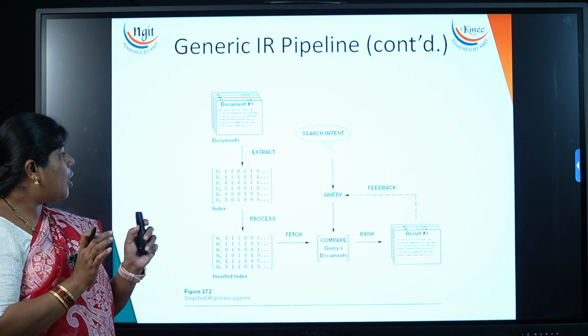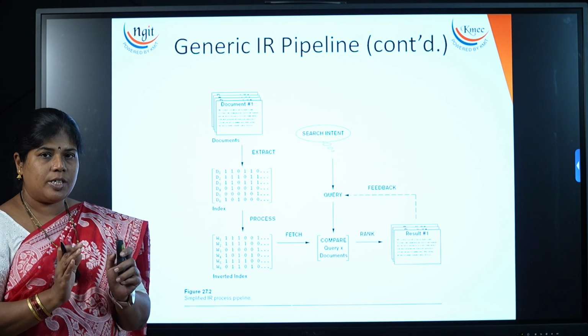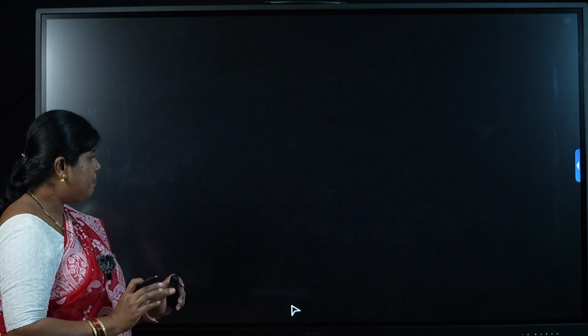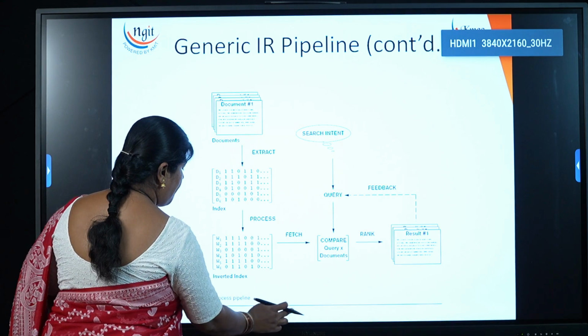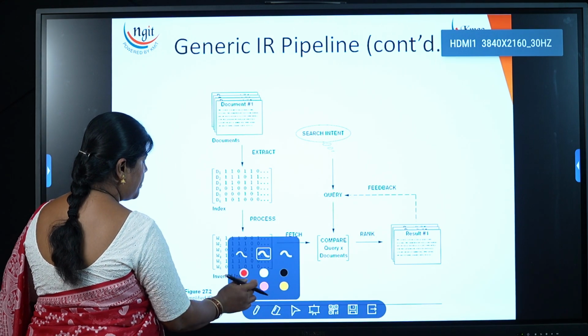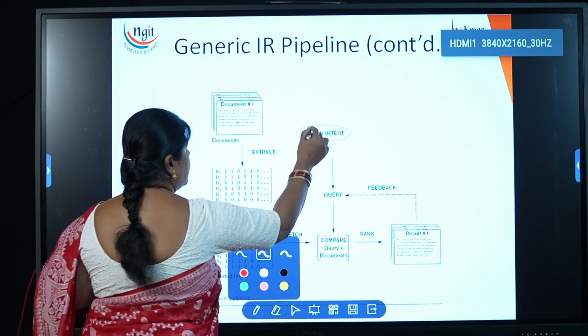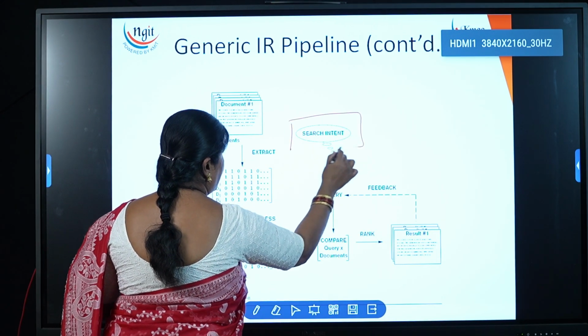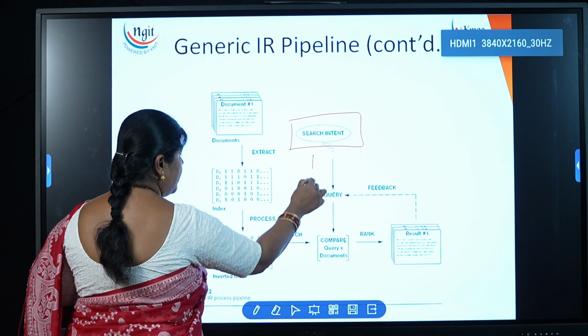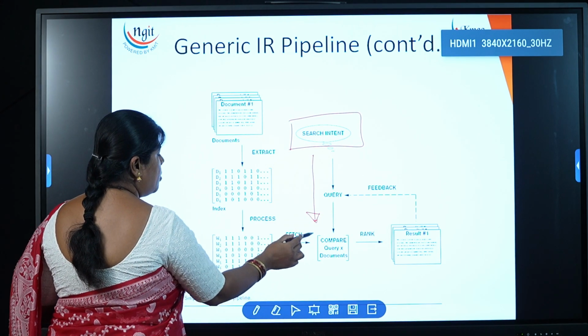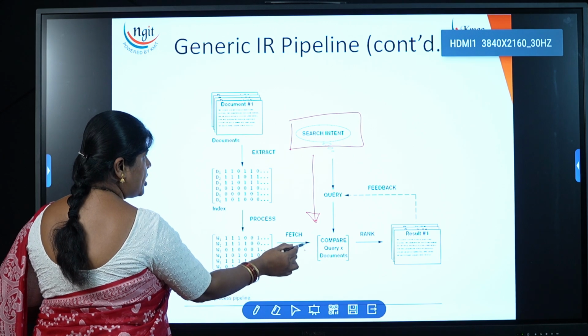Now actually, how is the main information retrieval pipeline? What is happening? How are we doing it? Here we have a text box where the user will type the query. Then that query is given. Now for this query I need to fetch the documents.